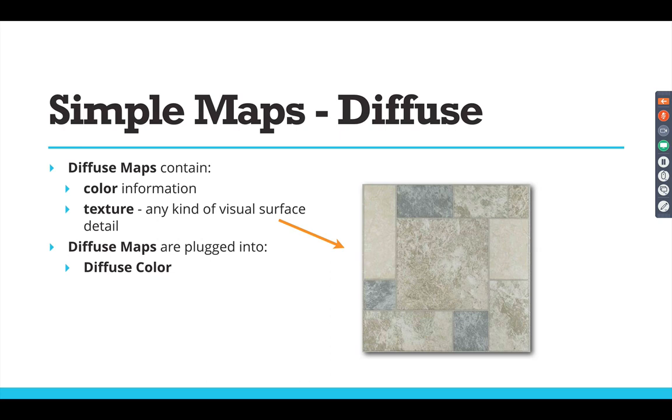We have a distinct pattern in the ceiling. If you look close enough, you can see there's a little pattern inside each of the tiles. If you have more than one color and you have visual surface detail, you need to plug a map into it. It goes into diffuse color.